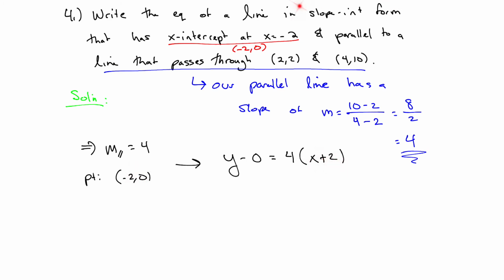Then the question asks for slope-intercept form, so all we need to do is simplify. The left-hand side goes down to y, and then we get 4x plus 8, and that is in slope-intercept form. And that completes question 4. All right, guys, I hope you enjoyed, and I will see you next time.